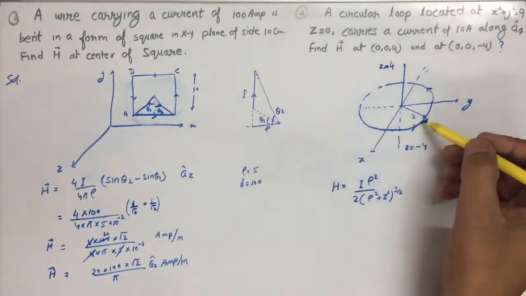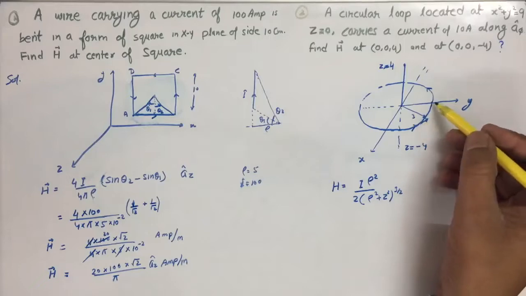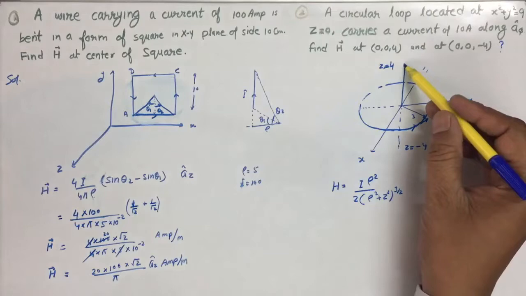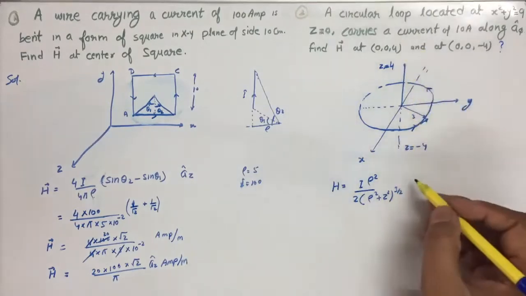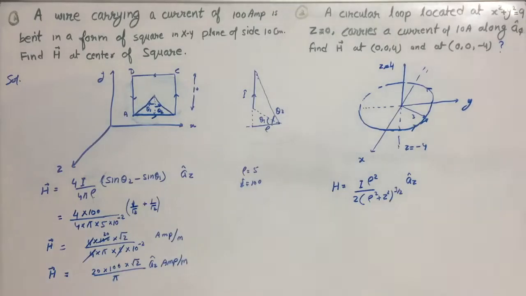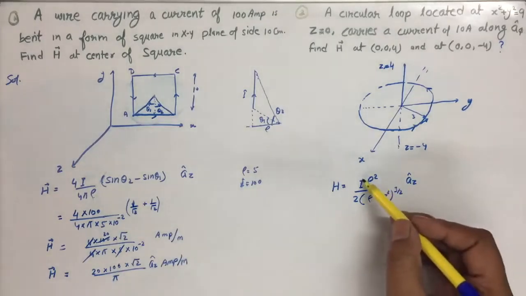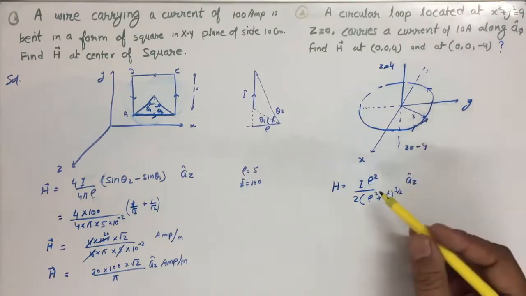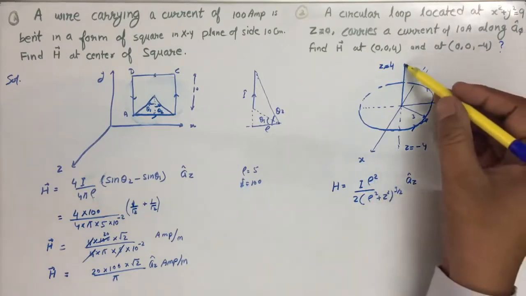So it is rotating in the a phi direction anti-clockwise, and the direction of the field will be along the z direction. Now everything is known to us: I is 10 ampere, rho is 3, z is 4.